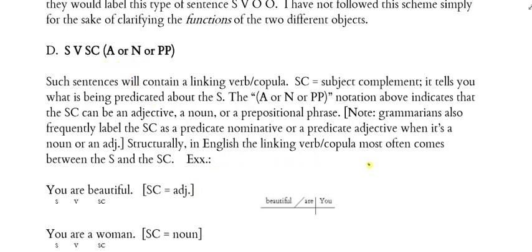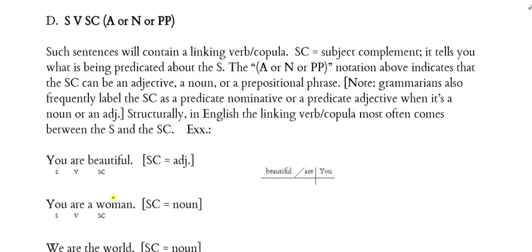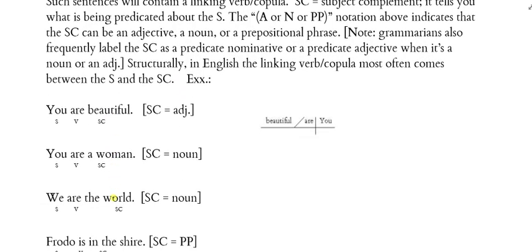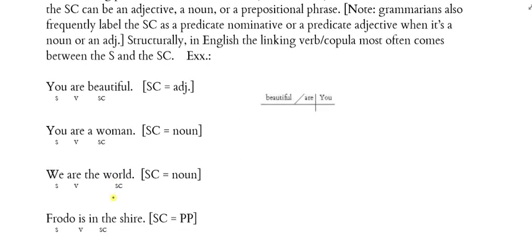Structurally, in English, the linking verb or copula most often comes between the subject and the subject complement. So if you think about our English ways of saying these sorts of things, you are beautiful. Notice my copula is between the subject and the subject complement here. You are beautiful. Here the subject complement is an adjective.